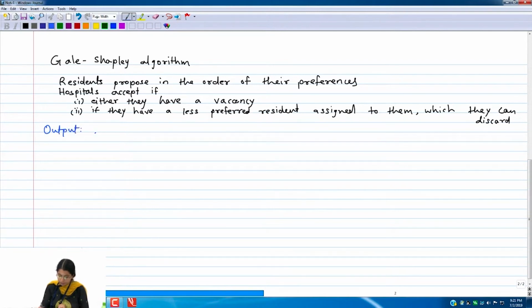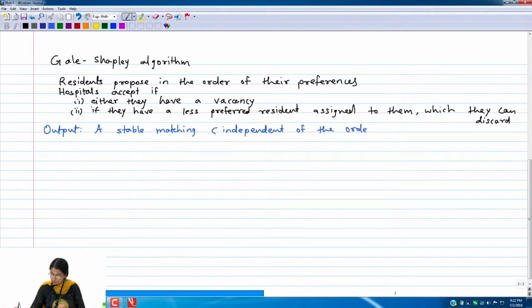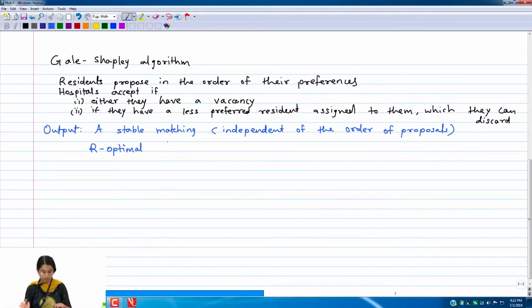So the output is a stable matching which is independent of the order of proposals. In fact, this stable matching is R-optimal, or resident optimal. That is, each resident gets his best stable partner in this particular stable matching.